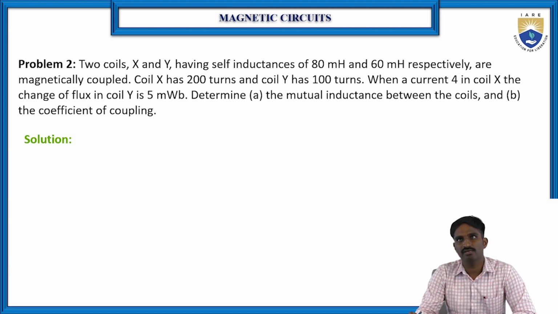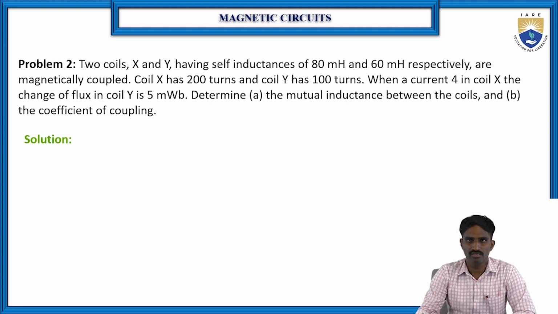When a current of 4 amperes flows in coil X, which means I1 in coil X, the change in flux in coil Y is 5 milliwebers. Because of the current flowing through the primary winding, there will be a change in flux in the secondary coil, that is coil Y, which is 5 milliwebers. Then determine the mutual inductance between the coils and the coefficient of coupling. First, let me draw the circuits for better understanding.